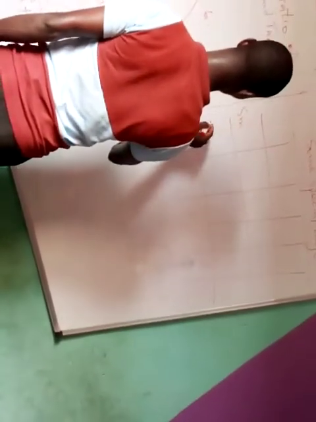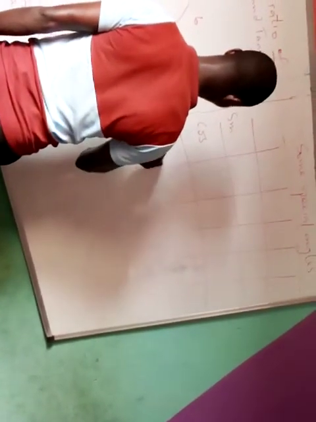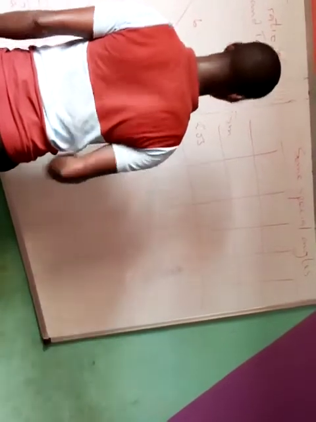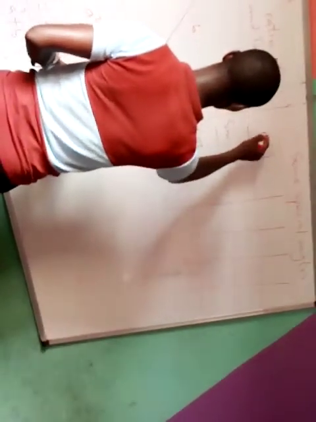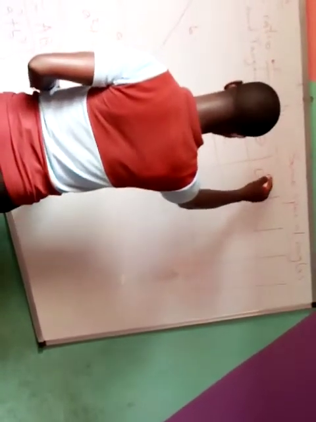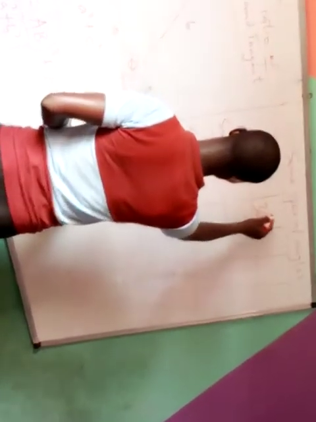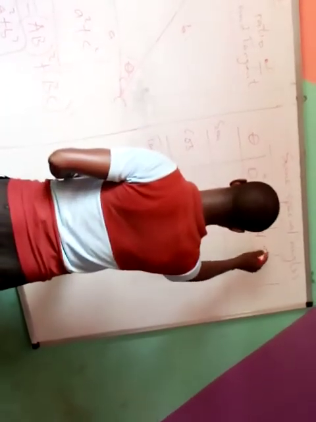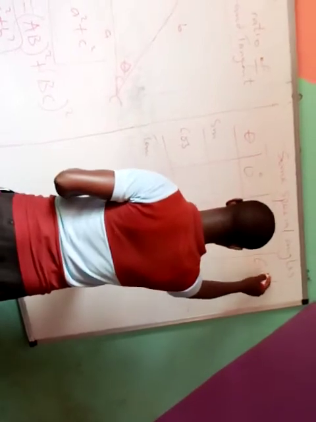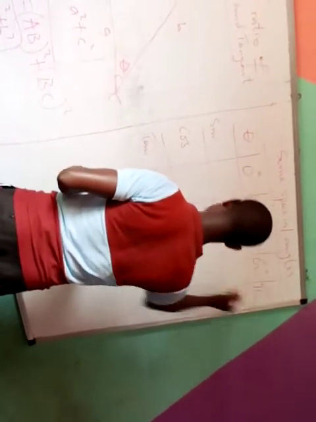So we have sine here, cos here, and tan here. Then we have theta to be 0 degree, 30 degree, 45 degree, 60 degree, and 90 degree.